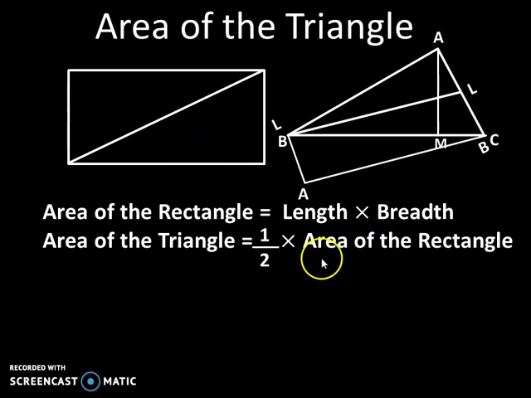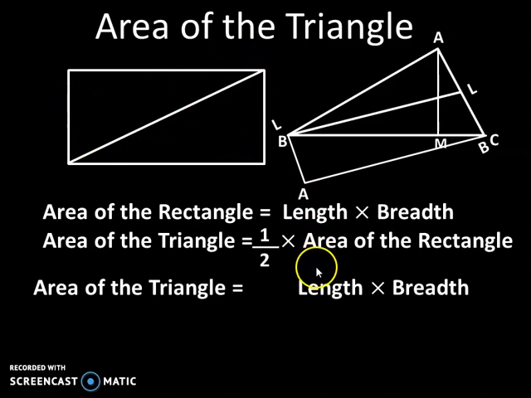So the area of this one triangle will be 1/2 of the complete area of the rectangle. Area of a rectangle is length into breadth, so area of a triangle is 1/2 length into breadth.